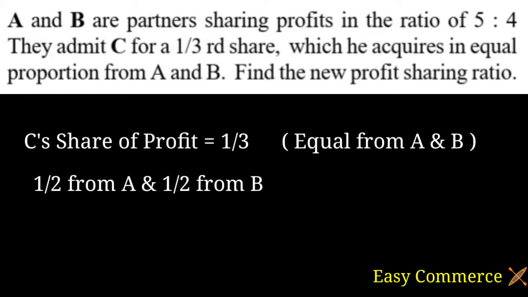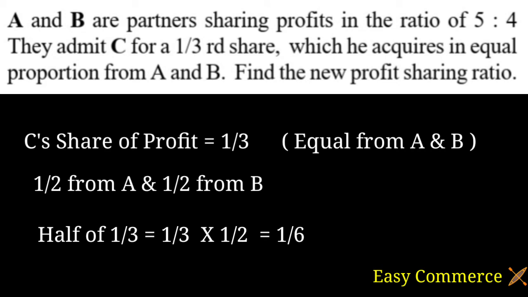So here C's share of profit is 1/3, and half is given by A and half is given by B. First of all, we need to calculate the half portion of C's share. Half portion we can calculate by multiplying by 1/2. Here C's share is 1/3 into 1/2, that's equal to 1/6. 1/6 is the half portion of 1/3.